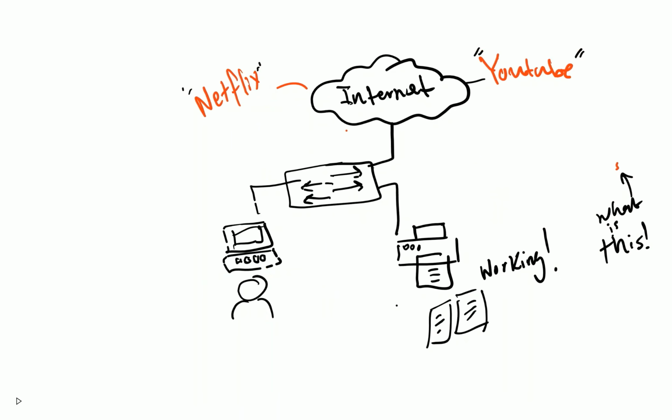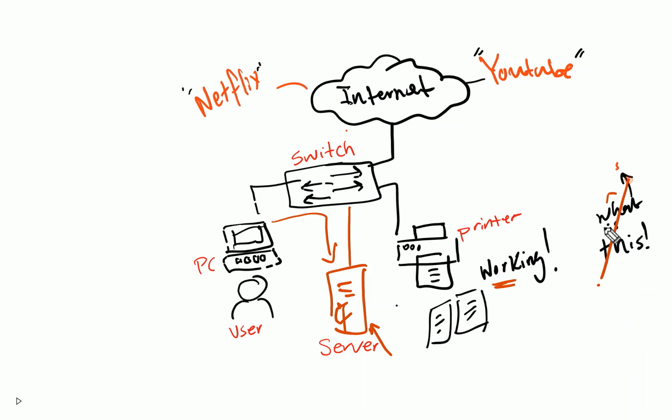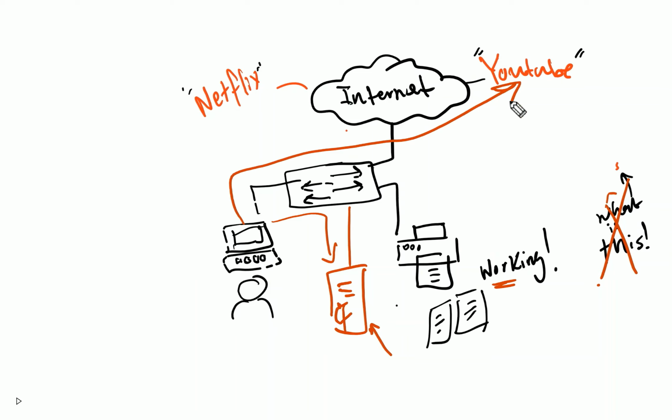So basically, as a usual user, at the end of the day you need to communicate on your local area network to get to your web server, to access a website on it, or to print some stuff, work stuff, or also to get to the internet, probably to see some videos or watch some movies.